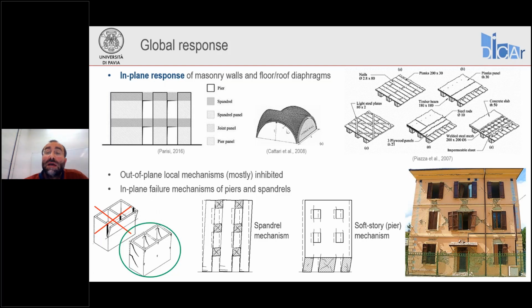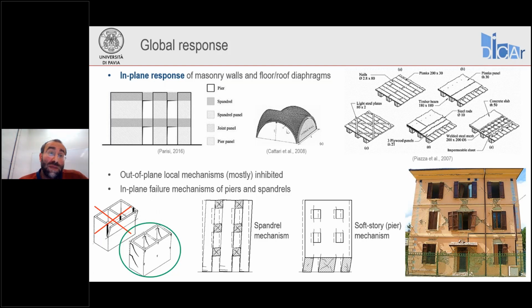Floor and roof diaphragms can be made of timber or other construction techniques, can be steel elements with masonry blocks, can be concrete overlay if the construction is more modern, or we may have vaults if we are talking about more historical buildings. So different systems that provide horizontal connection between the walls.